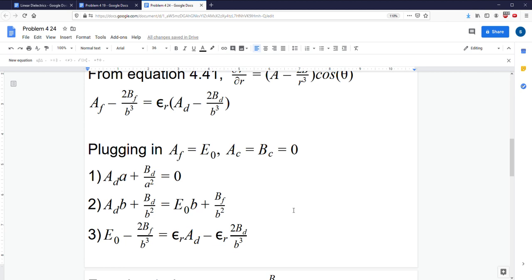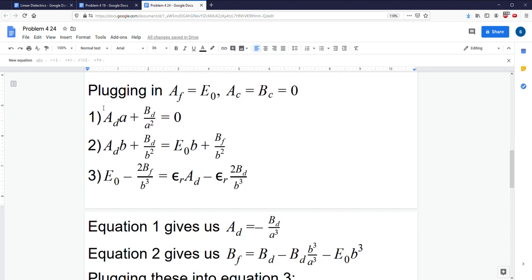What comes next is algebra. So first, I took equation 1 and I solved for AD. That gives AD is equal to negative BD over a cubed. Next, I plug that value of AD into equation number 2, and I solve this equation for BF.